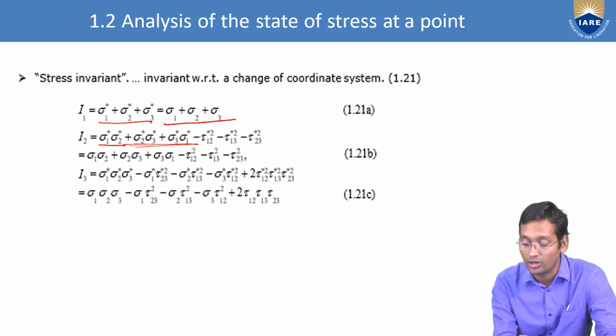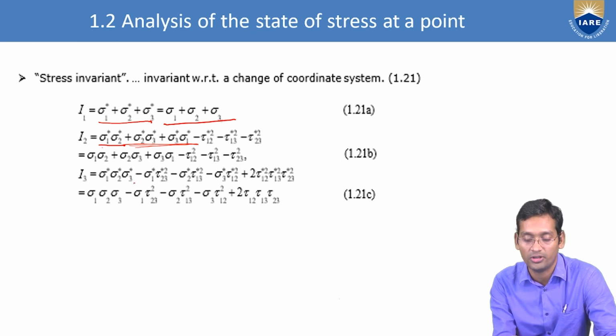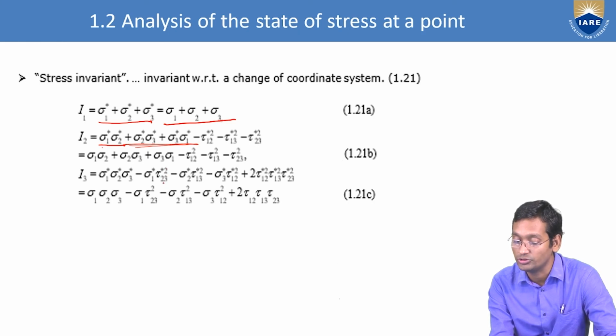Similarly I3. Now in the third, the 3 component will be there, L, M, N. In that case, sigma 1 star, sigma 2 star, sigma 3 star, minus 2 3. So sigma 1 into tau 2 3 square, sigma 2 tau 1 3 square, sigma star. Don't forget to put a star because we are taking that invariant in the rotated one. Sigma 3.